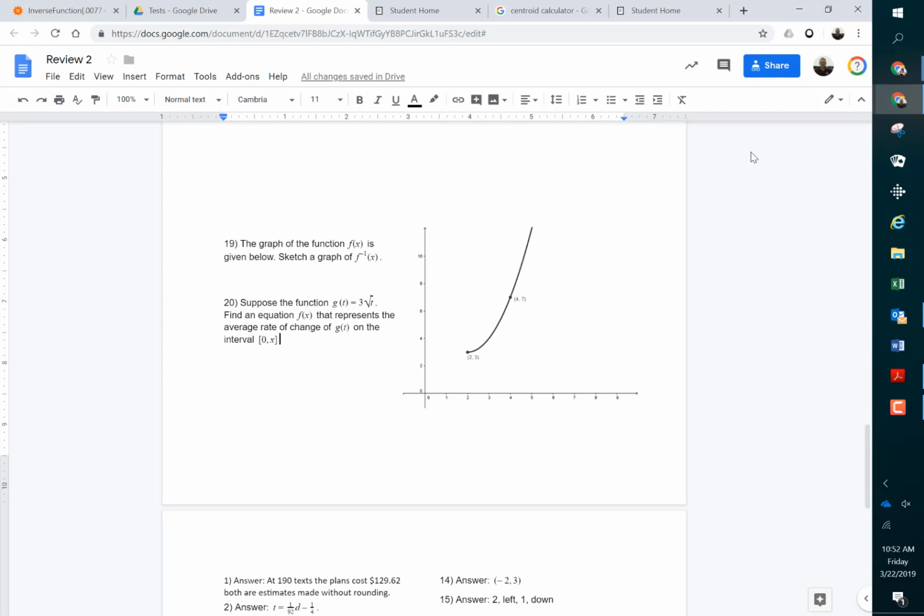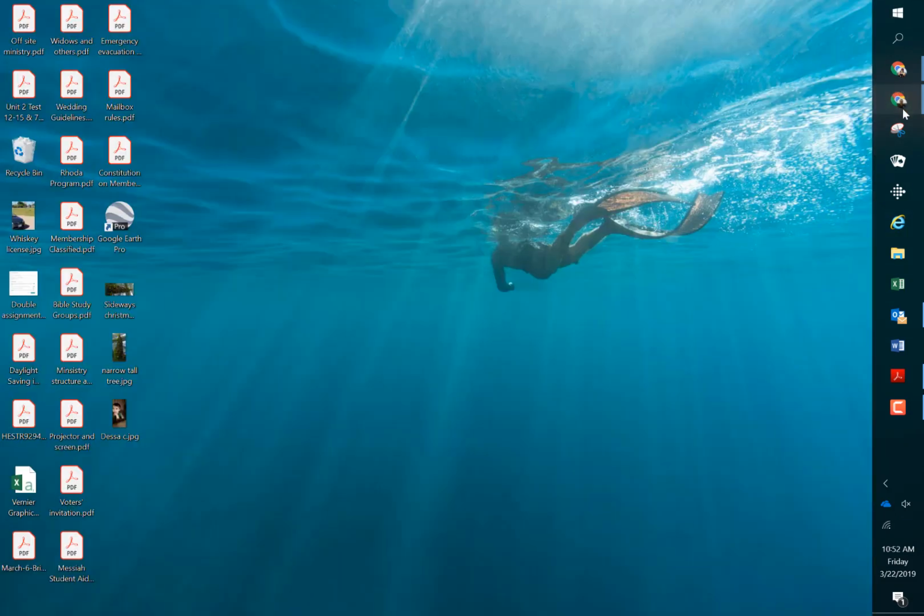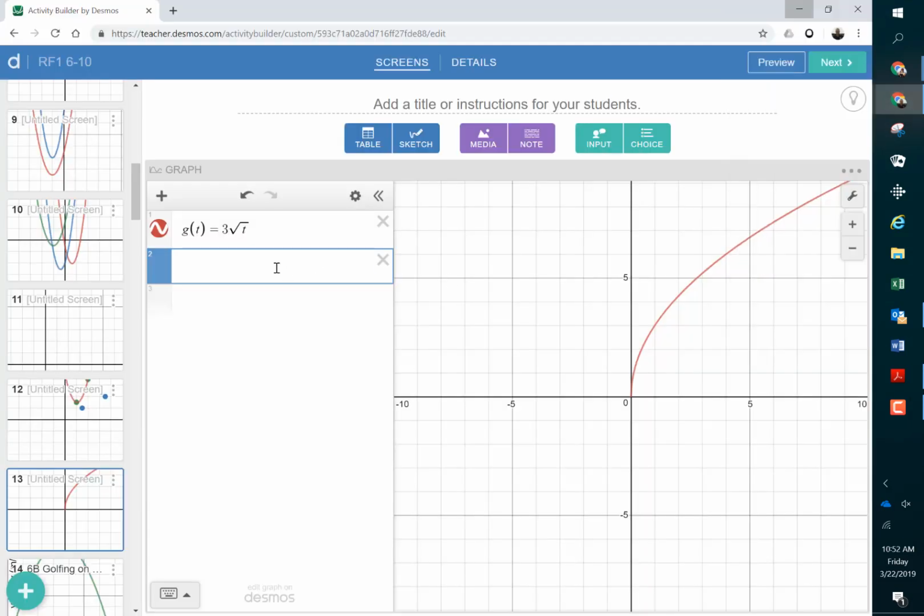From 0 to any number. Okay, so the average rate of change will be a fraction, right?